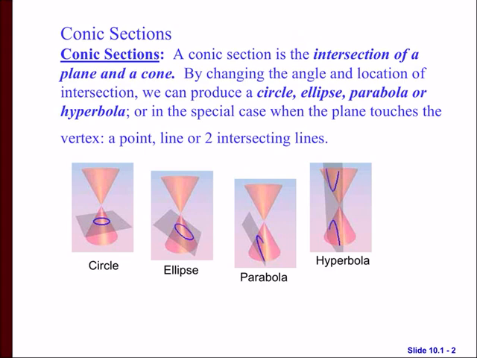And if we take that same plane and put it at an angle where it slices through both sides of the cone, and it takes off that section, we get an ellipse, an elliptical graph, and we'll study our ellipse and circle in our next section. And then if you look at this third diagram, you can see this plane intersecting one side of the cone, and that intersection takes out what we call a parabola.